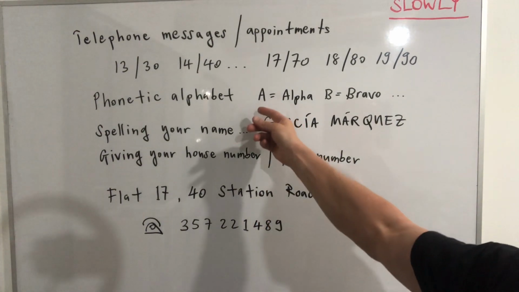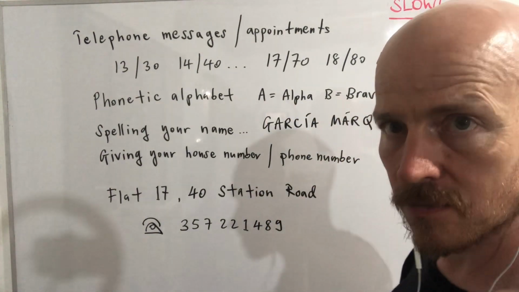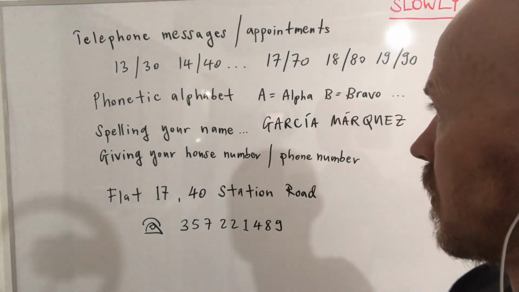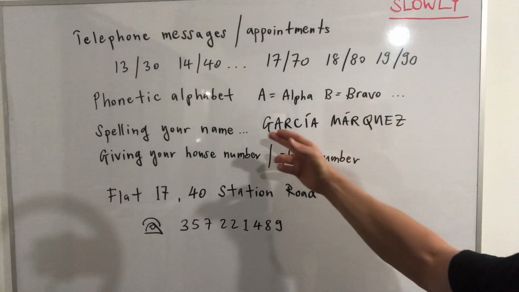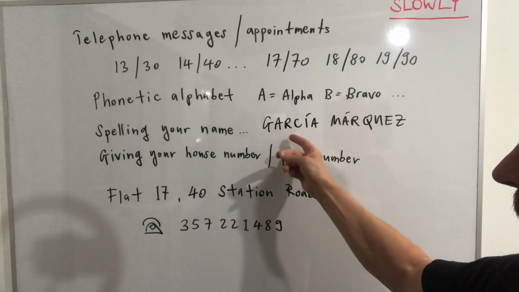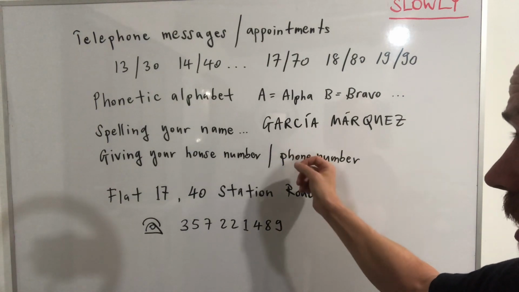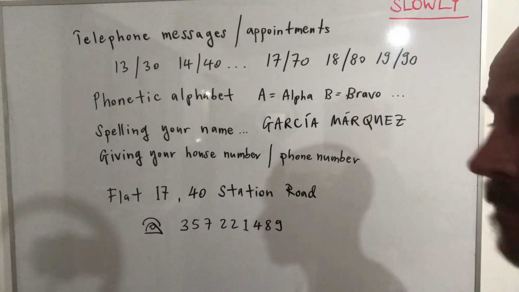So this is one like A is Alpha, B is Bravo, C is Charlie, O is Oscar, etc. So in our example here, for instance, if we're going to spell out some name like Garcia, then we would have G for Golf, A for Alpha, R for Romeo, C for Charlie, I for India, A for Alpha.